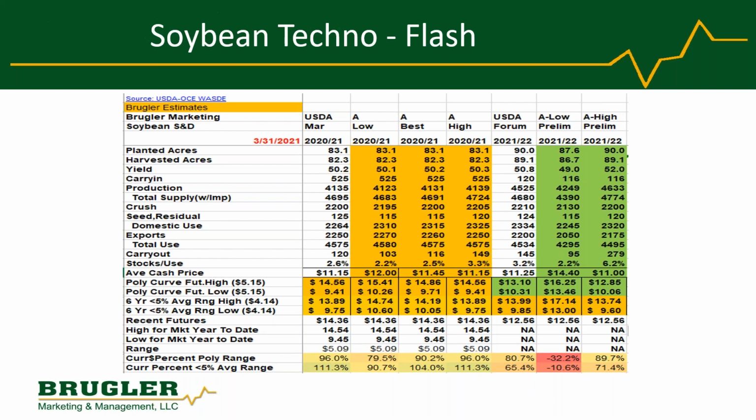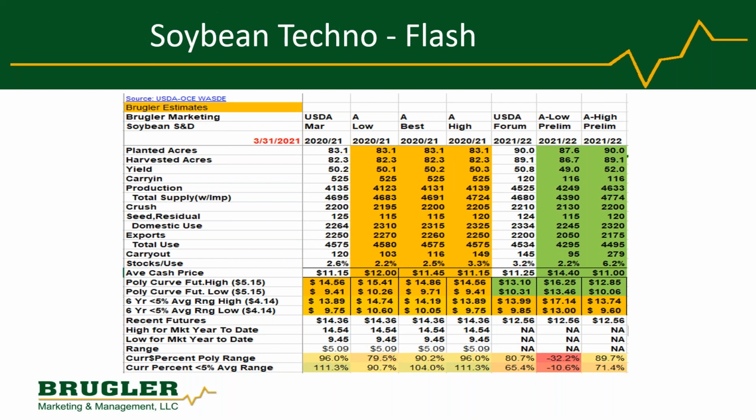We do think that to keep that export that small, we have to have some price rationing to prevent the crush industry from using any more beans, and basically slow down the foreign buyers as well. So the cash price does work higher towards 11.45 for the marketing year.